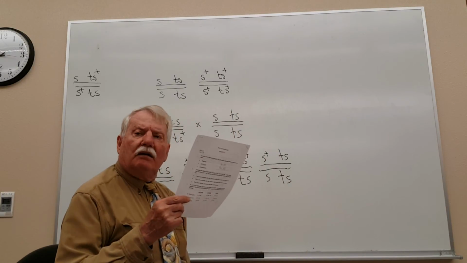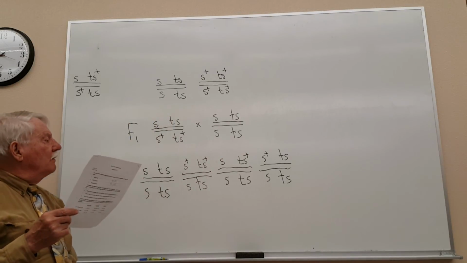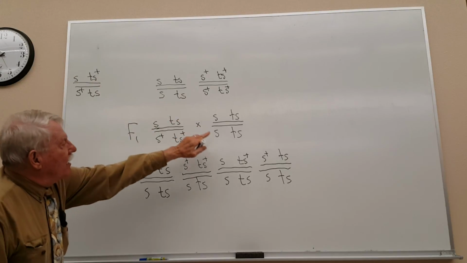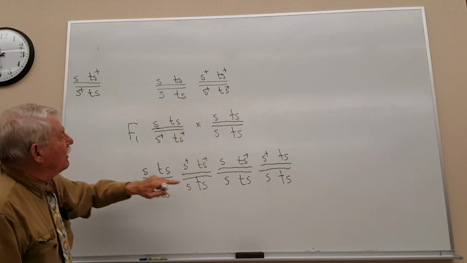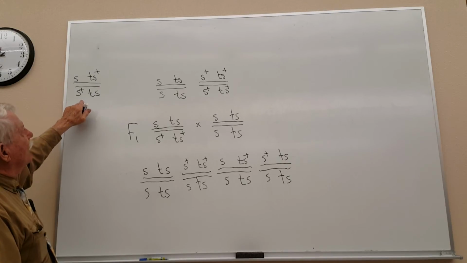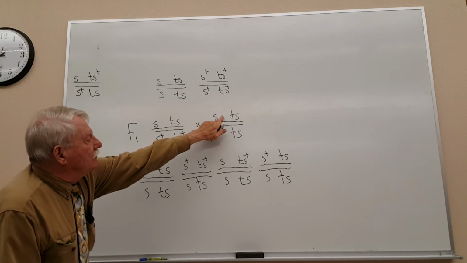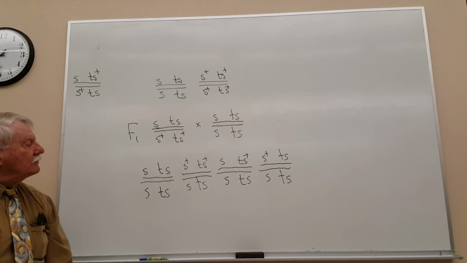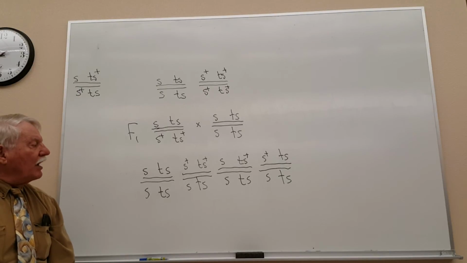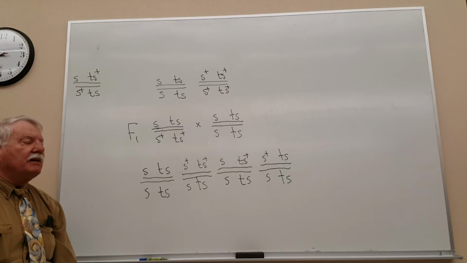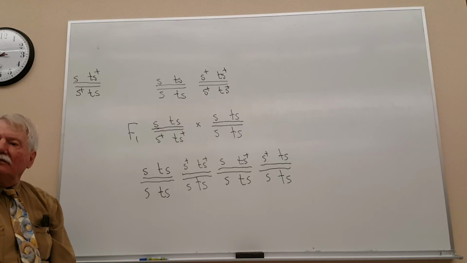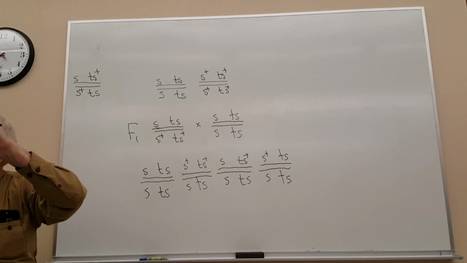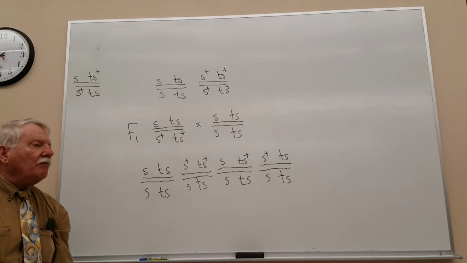I took the top of the left and the bottom of the right to get that, and I took the bottom of the left and the top of the right to get that. Why is the S plus on top? I could have put it on the bottom and it would be the same thing. You can flip them either way, and in space these things are turning over all the time.